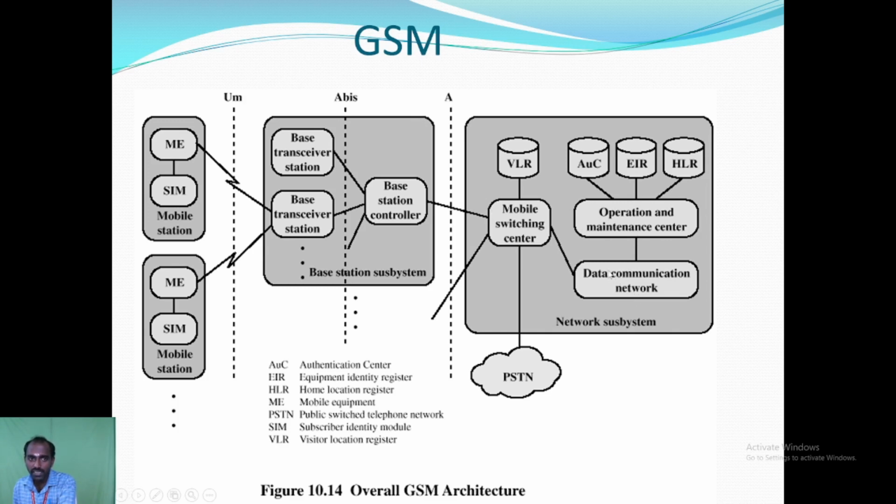Okay, it's clear. Next, in GSM, there are three interfaces used. What are the three interfaces? The Um interface, the Abis interface, and another one, the A interface. First, the Um interface.